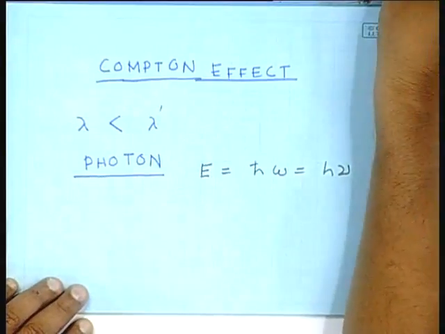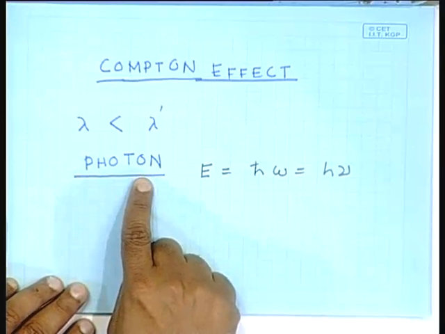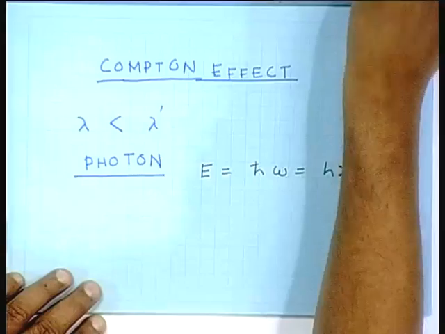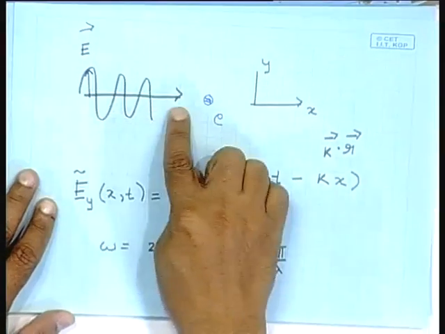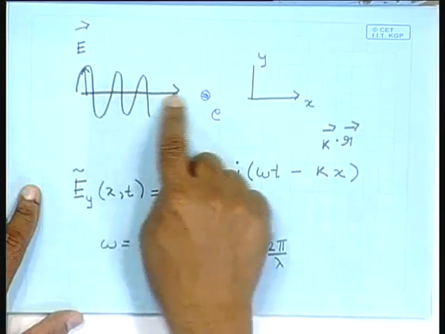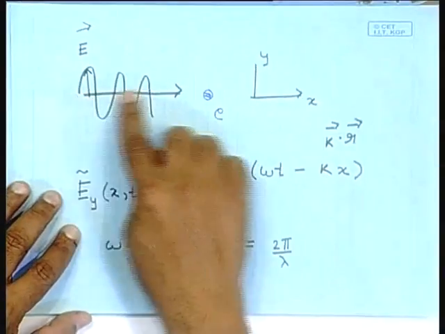So, we are going to postulate that you can think of the incident radiation in terms of particles called photons. Each particle is a photon, and there are many photons in this incident radiation.